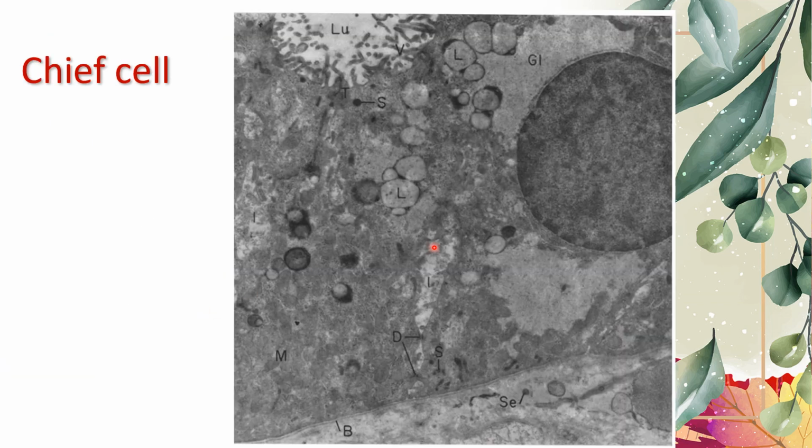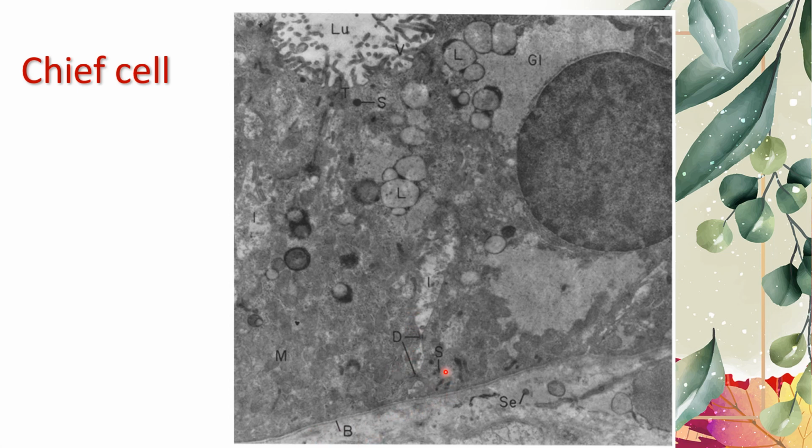This is the electron micrographic picture of the chief cell. Here you can see the nucleus. This is the accumulation of a large amount of glycogen present in the cells. These are the lipid droplets. These are smaller secretory vesicles, and these are the tight junctions or desmosomes. This is the basal lamina.